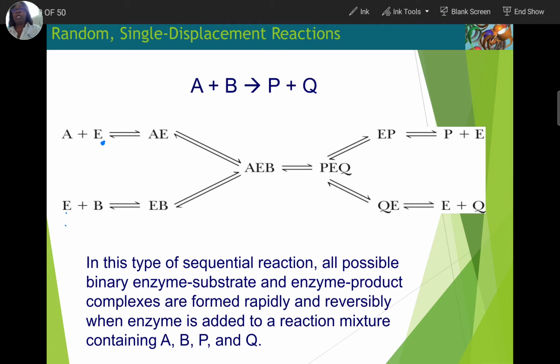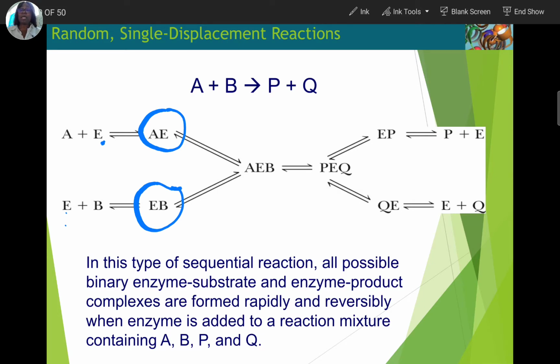So we can form the enzyme substrate complex AE or the enzyme substrate complex BE. Now, the goal is to get A and B together. The enzyme is what's going to do that. And so we form the two complexes independently, AE, EB.